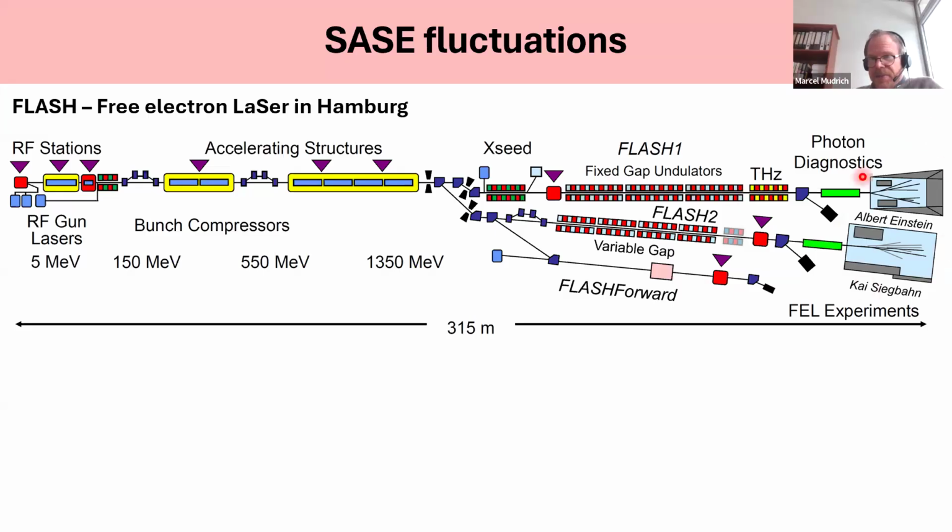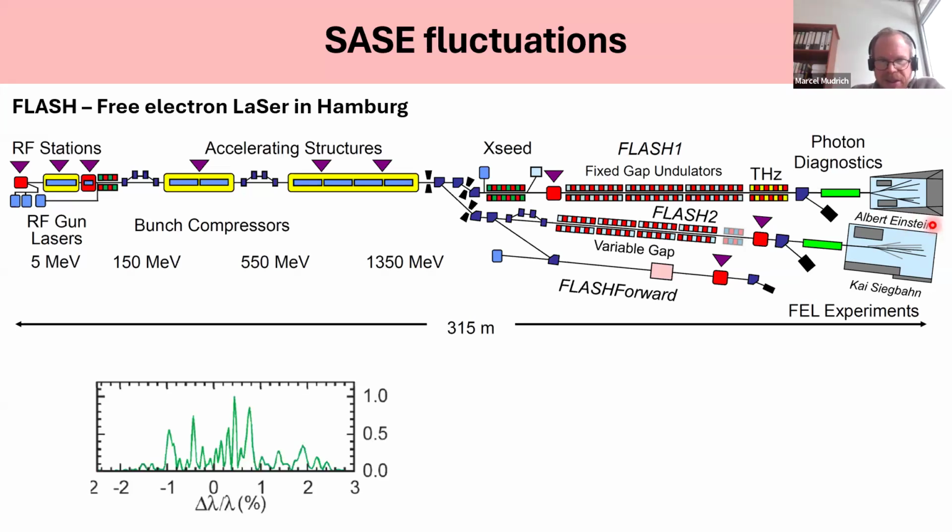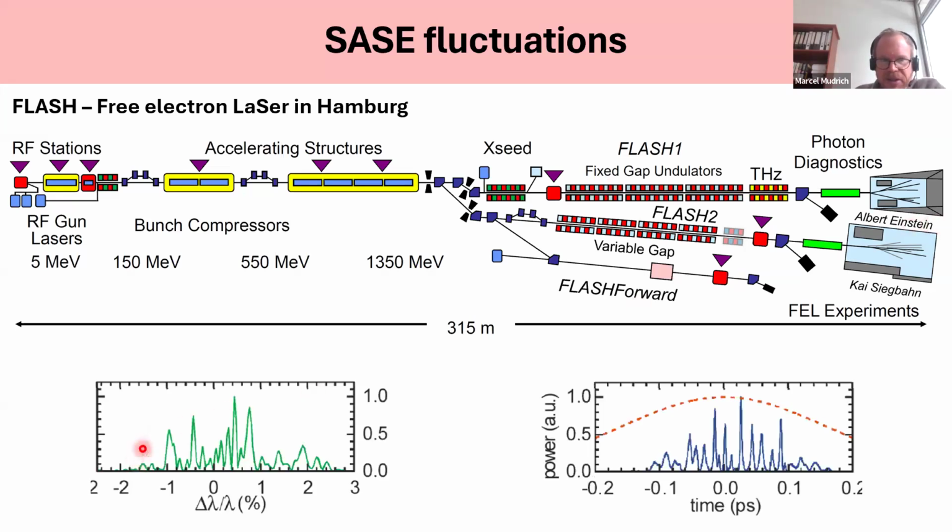And then we have these experimental halls at the end where the experiments are. And this is again one selected SASE pulse represented as the variation of the wavelength normalized to the central wavelength lambda, just to have it symmetric around 0.